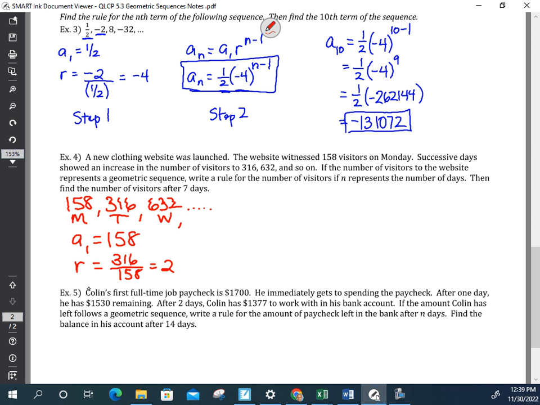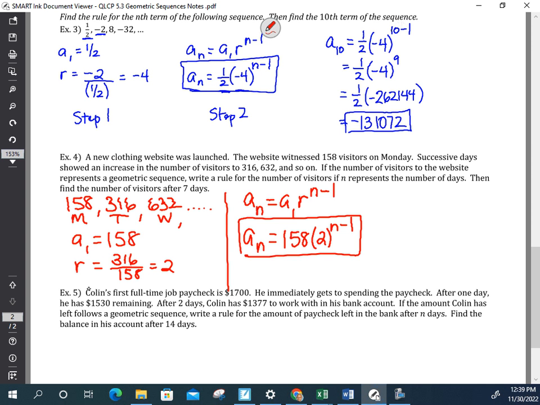So in other words, you're multiplying by 2. It's doubling each time. So there's step 1. So a sub n equals a1 times r to the n minus 1 power. So write your formula. So there's your formula.